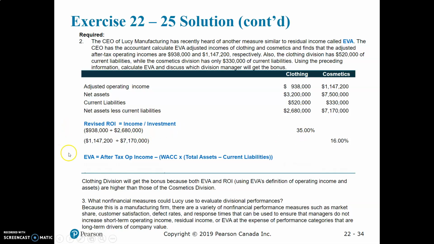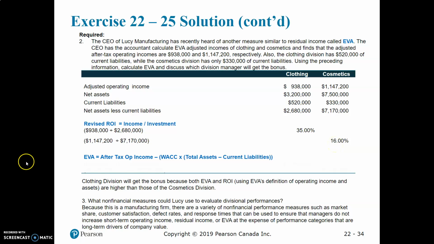Looking at the cosmetics division, we know that the adjusted operating income now stands at $1,147,200. Divide that by the investments of $7.17 million. That gives the revised ROI of 16% for the cosmetics division.